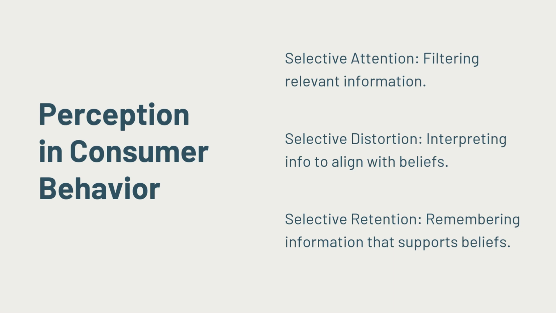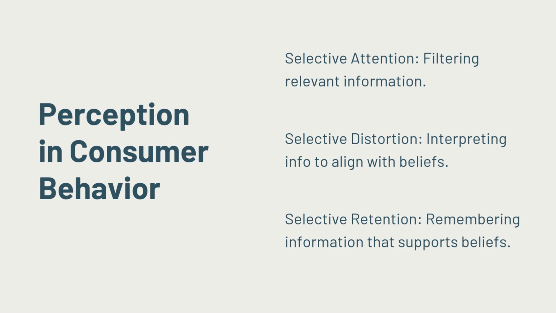Last is selective retention, and this refers to the tendency of consumers to remember information that supports their beliefs and forget information that contradicts them. This is particularly important in marketing because even if a consumer is exposed to a marketing message, if it does not align with their beliefs, they may not retain the information.